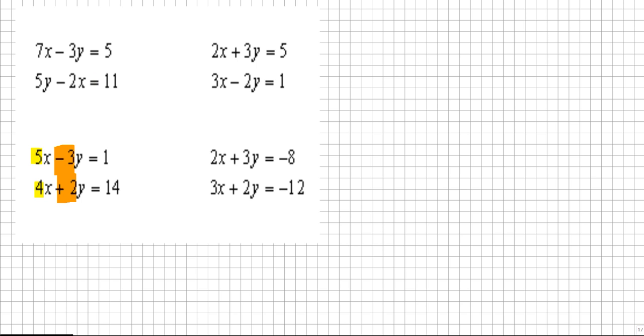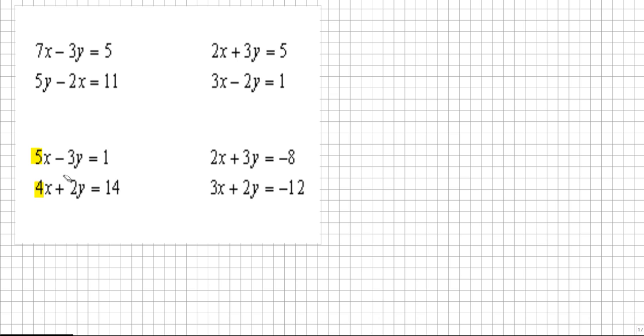So either we could see that this is a factor of 20, this is a factor of 20. Or we could try to multiply this by 2 to get minus 6, and this times 3, and we get 6.